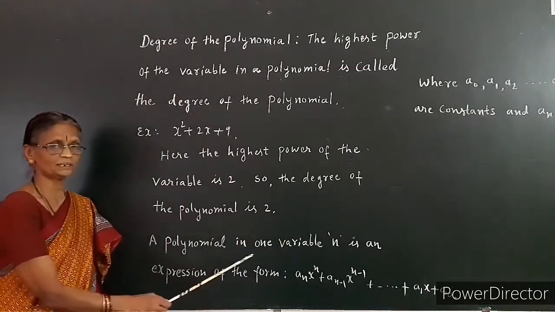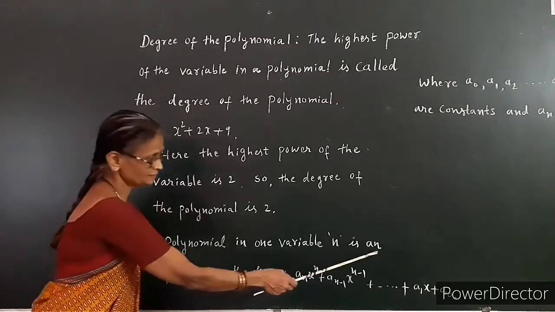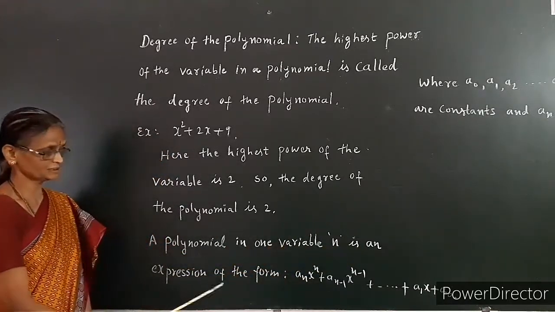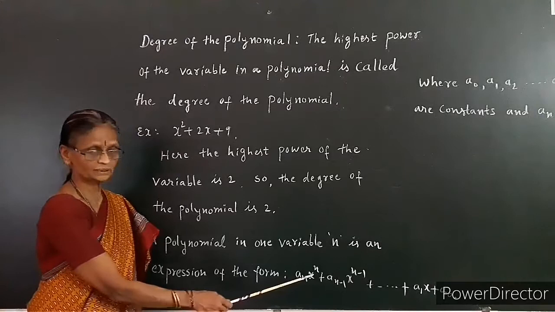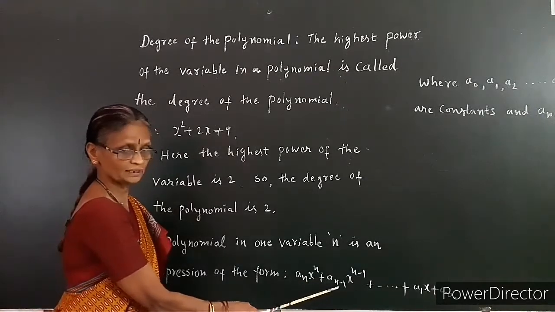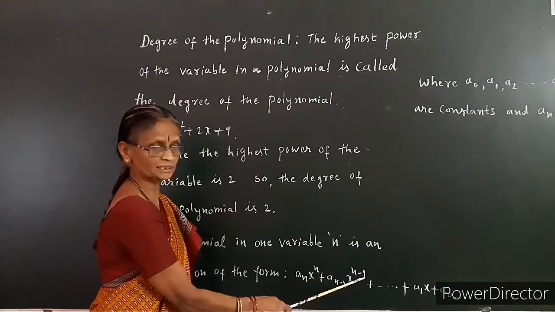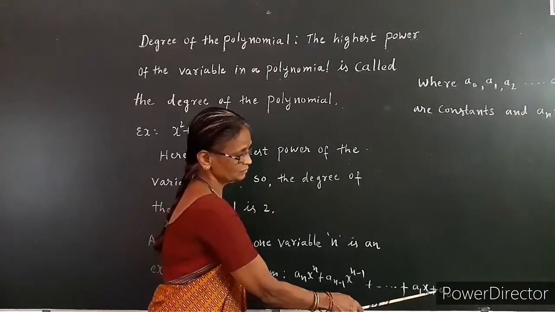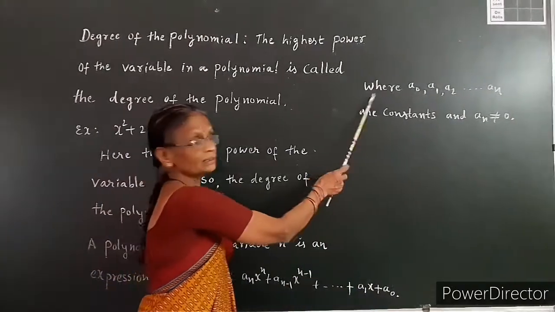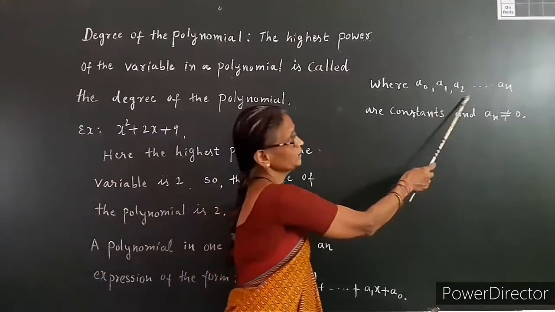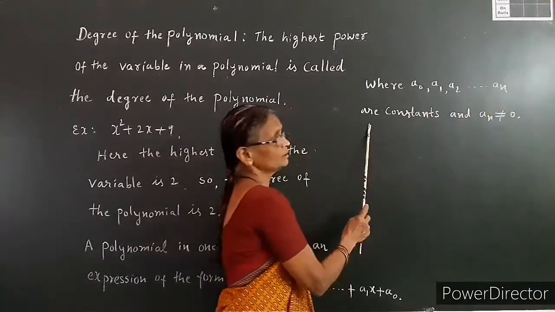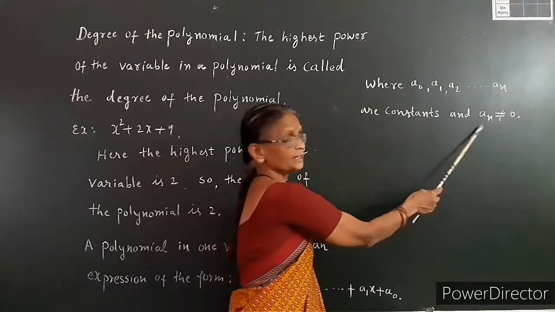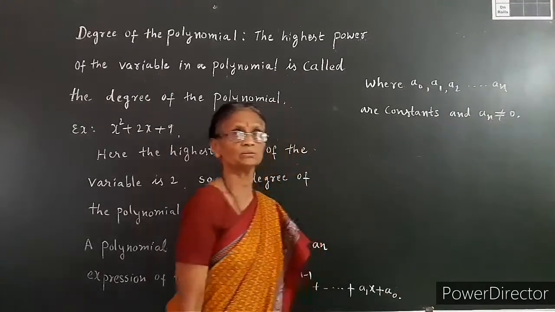A polynomial in one variable x is an expression of the form a_n x power n plus a_(n minus 1) x power n minus 1 plus so on plus a1 x plus a0, where a0, a1, a2 up to a_n are constants and a_n is not equal to 0.